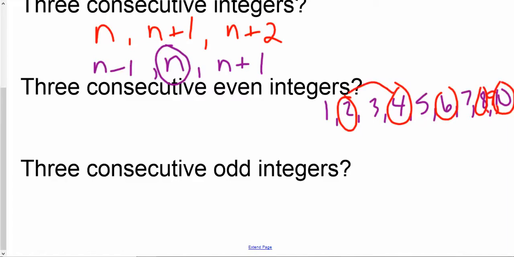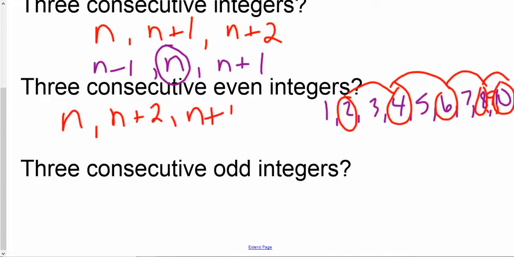These are exactly 2 spaces apart every single time. So for consecutive evens, we could say n, n plus 2, and n plus 4. Again, it's 2 away from this one, so we have to add that additional 2. Again, we talked about how some people might be a little bit cheeky with it. They might do n plus 2, and n minus 2. And that also works.